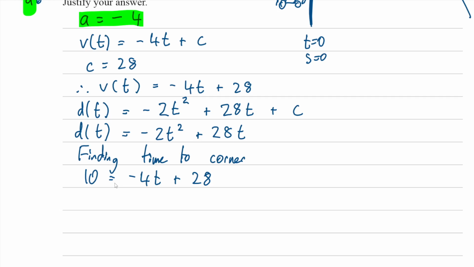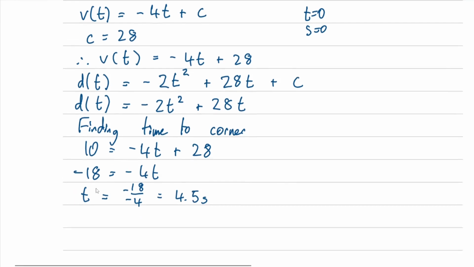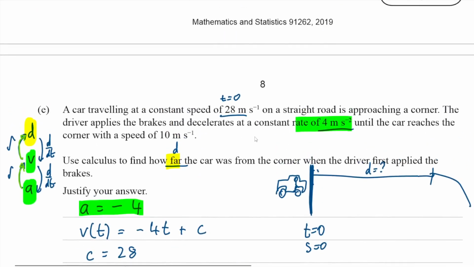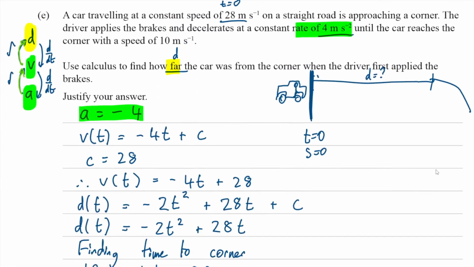So subtracting 28 from both sides, dividing both sides by -4, we get 18 over 4, or 4.5 seconds. Alright, so the time it takes from when they brake to the corner is 4.5 seconds.